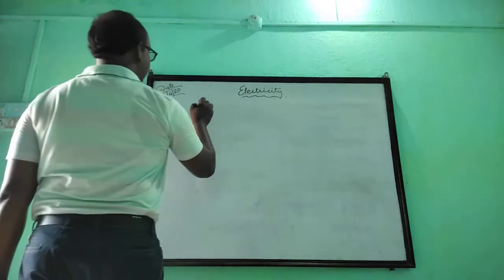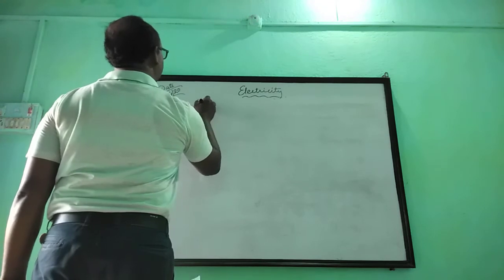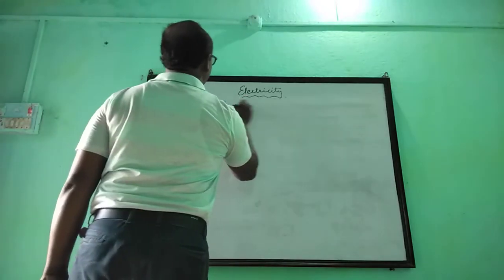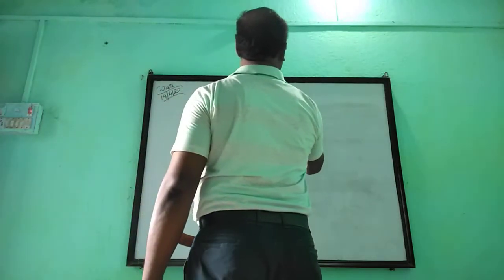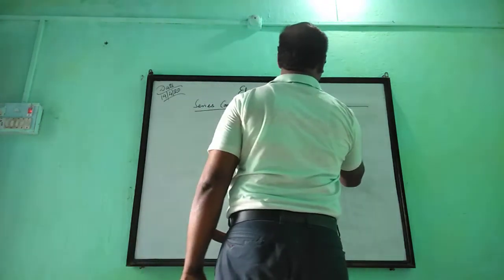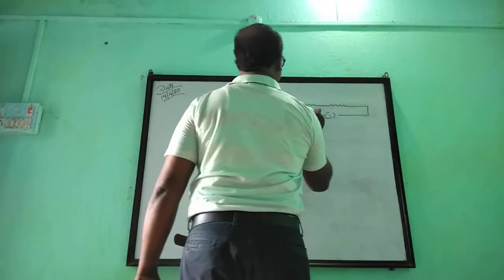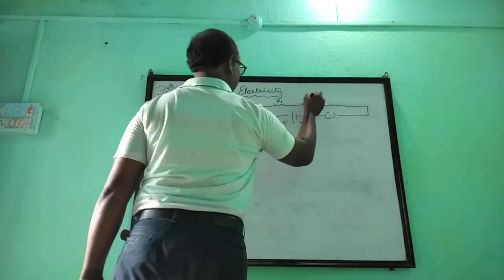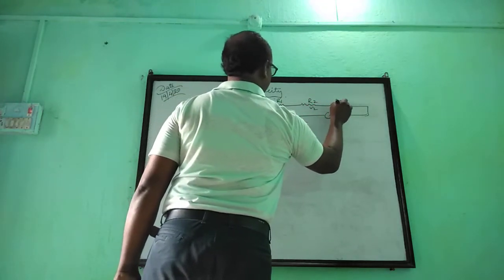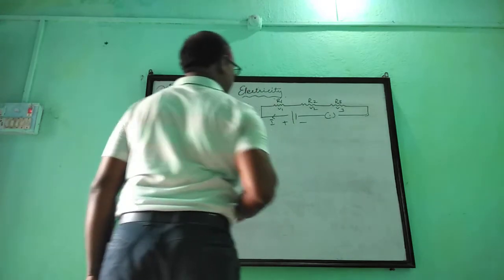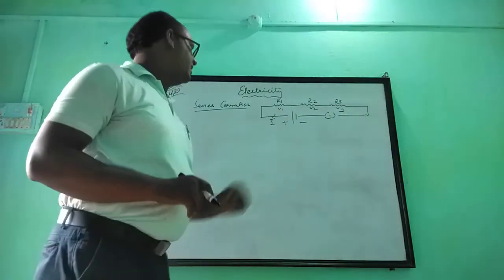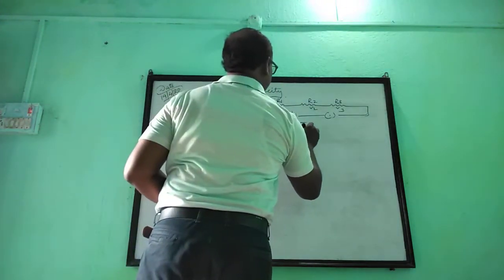Like if the resistors are in series connection, and voltages are V1, V2 and V3, the current I passes through all the resistors, but the voltages are V1, V2 and V3. Here V1 less than V2 less than V3.